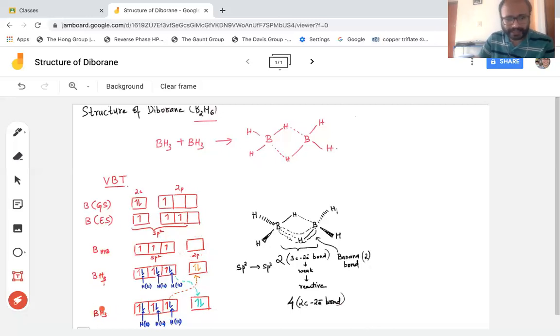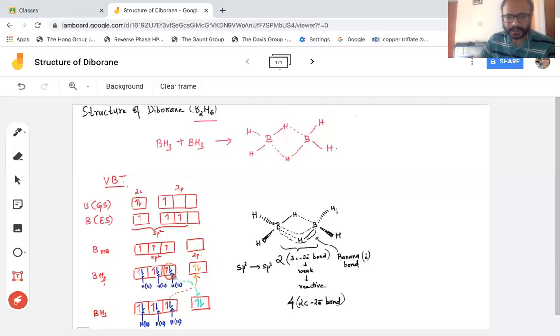If we consider these two BH3 molecules, there is an empty 2p orbital in both. What happens is that one of the bonding electrons partially fills up the empty orbital on the adjacent BH3.